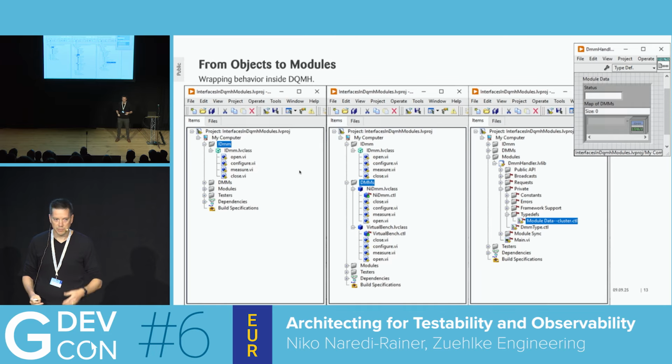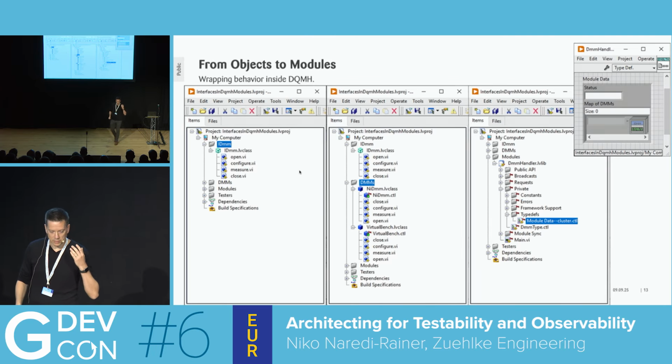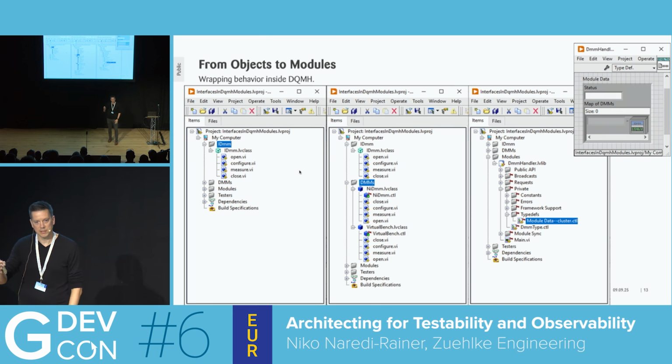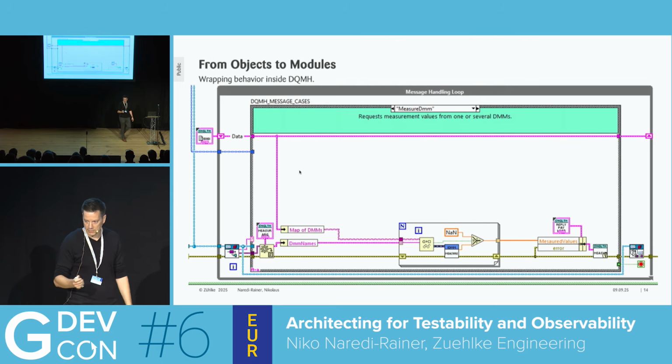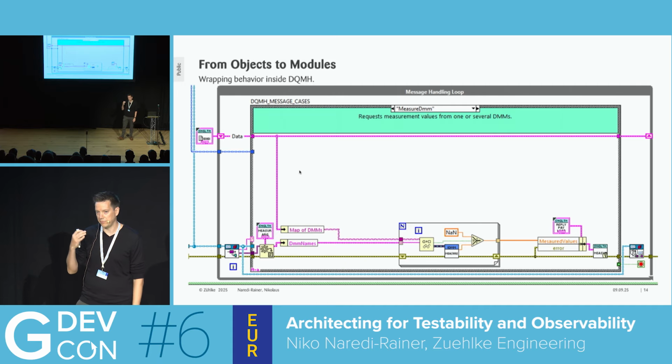It could be my virtual bench or something more useful. And when I put the name in, I get actually the object that implements the interface back. So how does it work in reality in a DQMH module? Let's say I have, from the outside, the request to measure something.